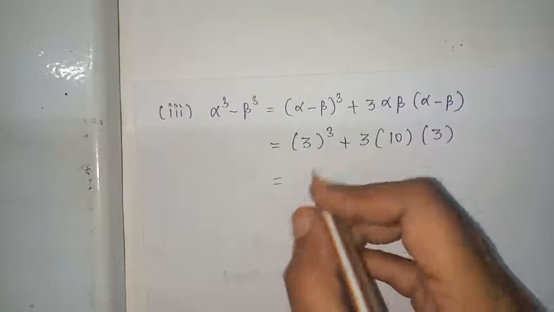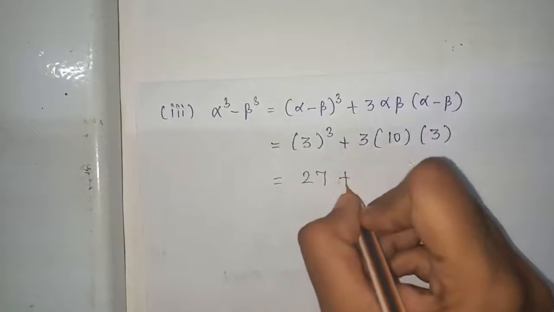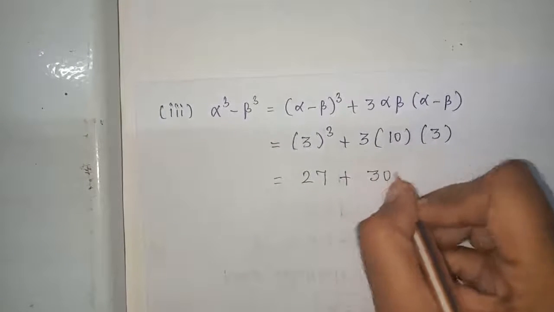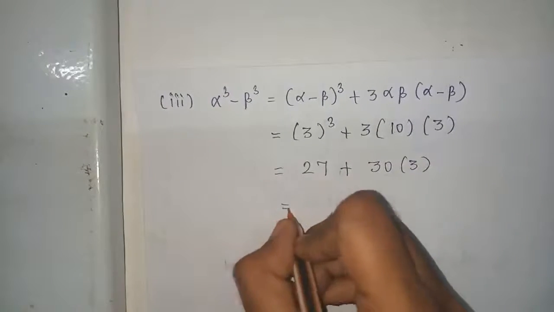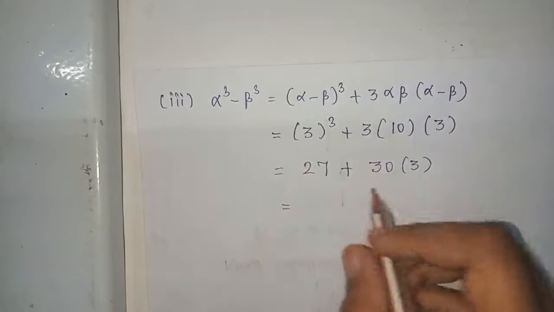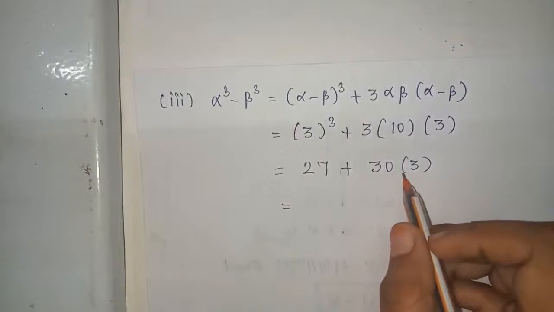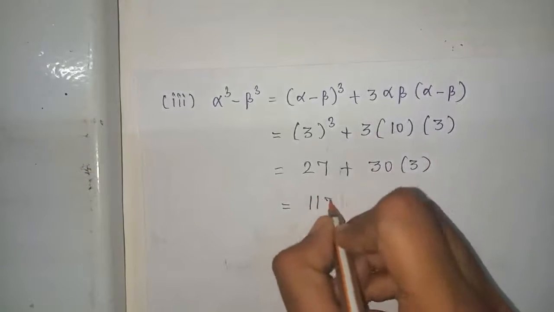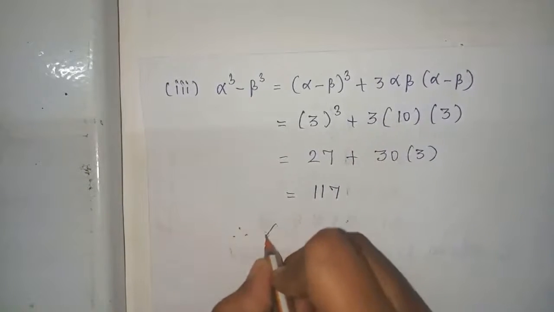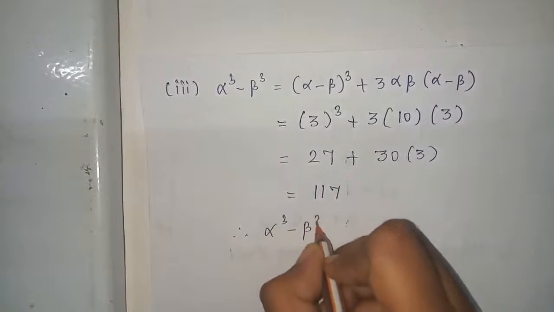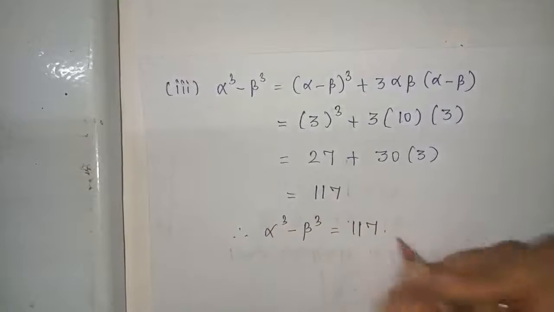That is equal to 3 cube, which is 27, plus 3 into 10, which is 30, into 3. So it is 27 plus 3 threes are 9, so 90. 27 plus 90 is 117. Therefore alpha cube minus beta cube value is 117.